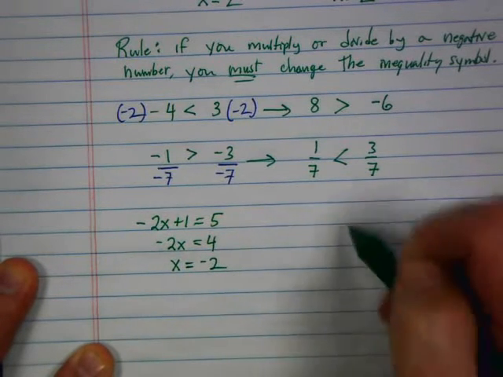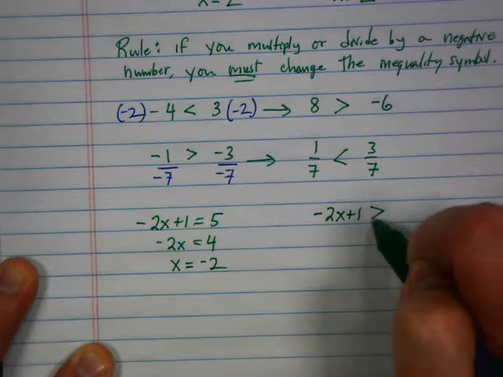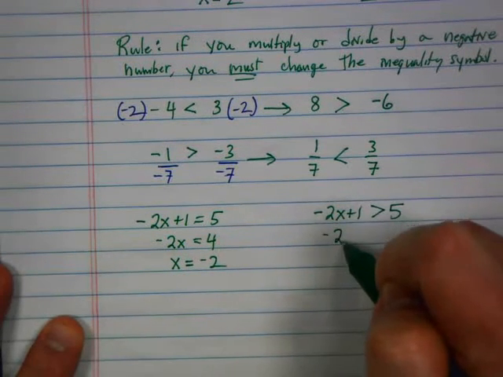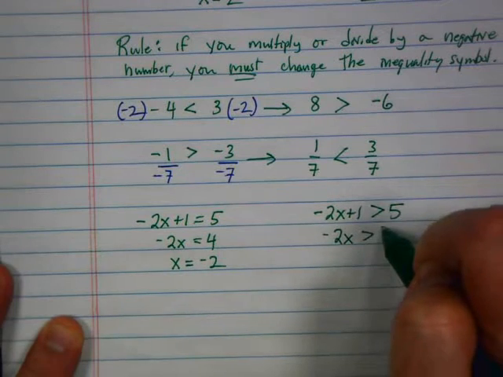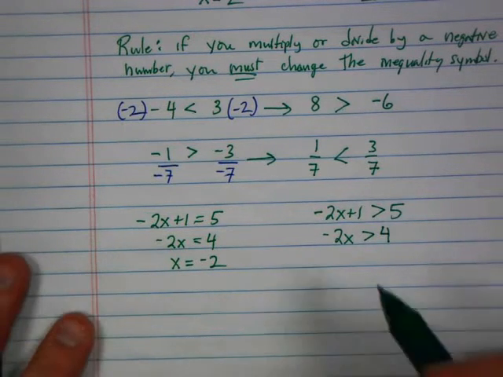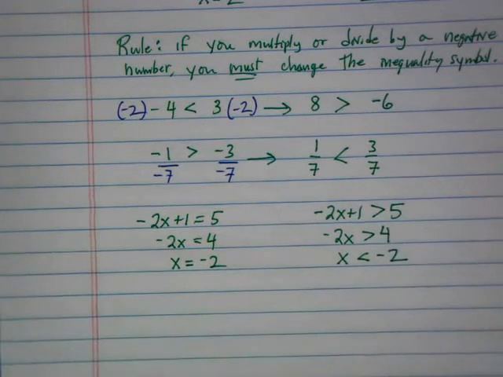However, if I give you -2x plus 1 greater than 5, you do it exactly the same way. You subtract the 1. -2x greater than 4. But then what's going to happen when you divide by that -2? x is less than -2.